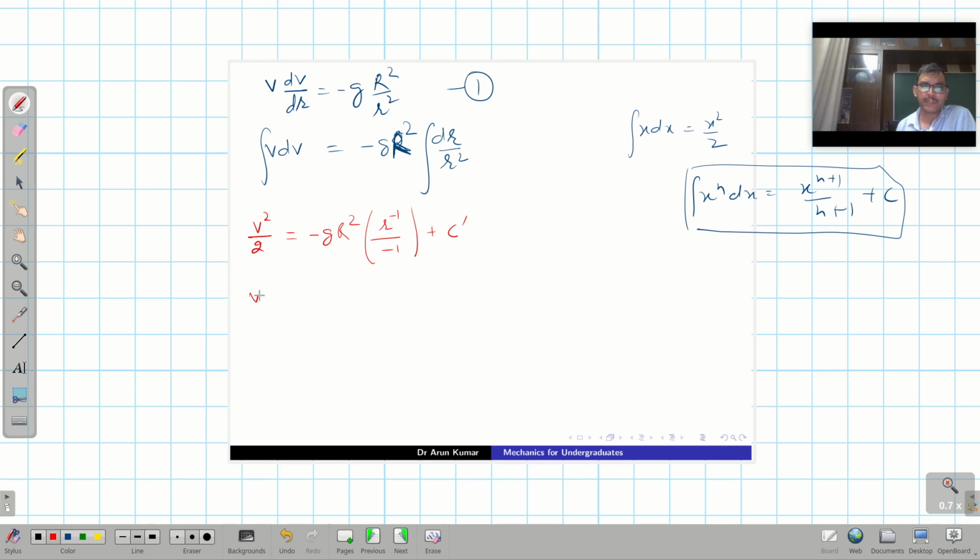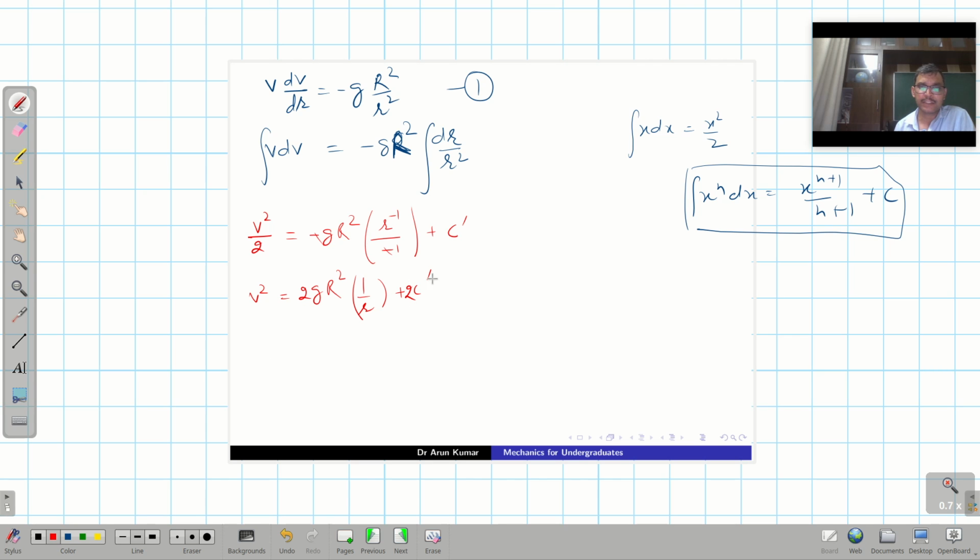So it is v square is equal to minus 2gR square, sorry, this minus will cancel out with it, so it is simply 2gR square upon r plus c prime.